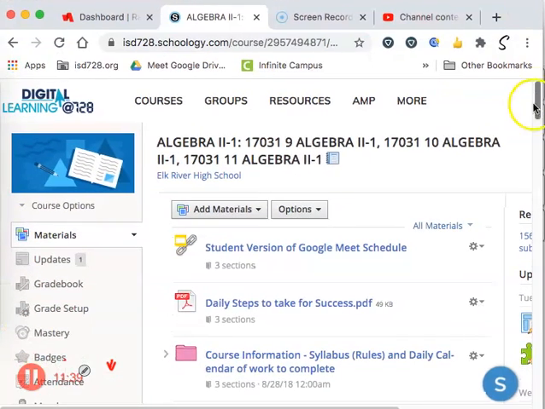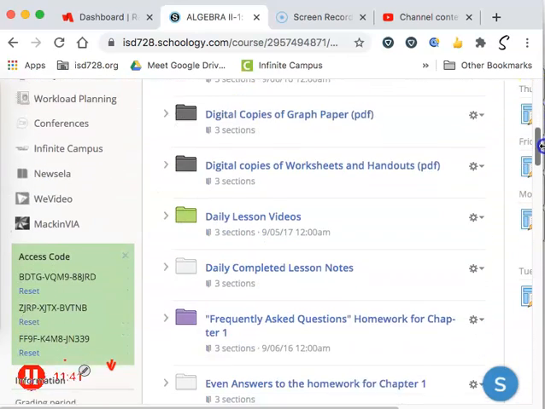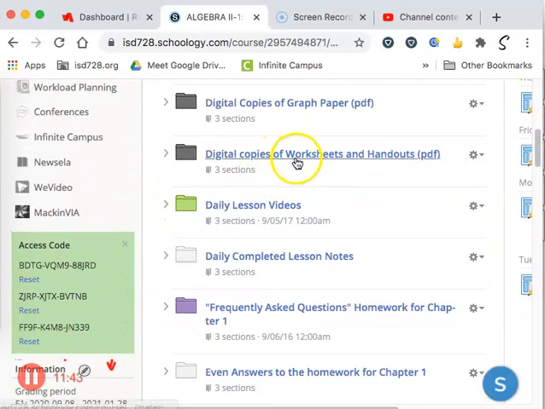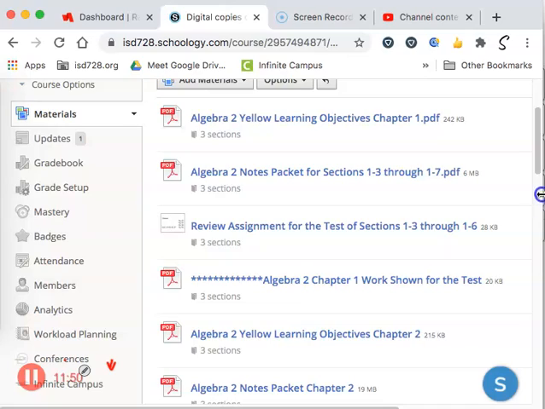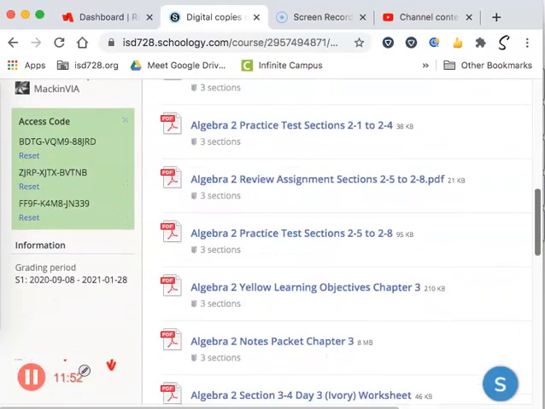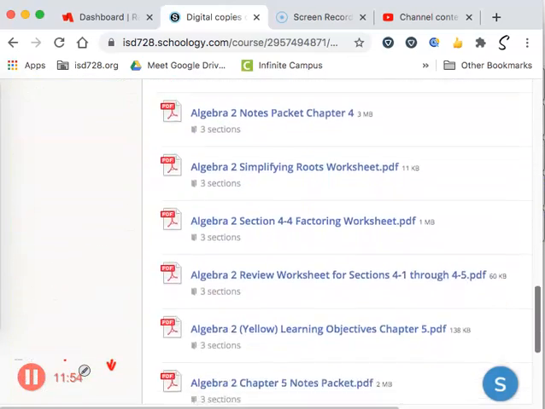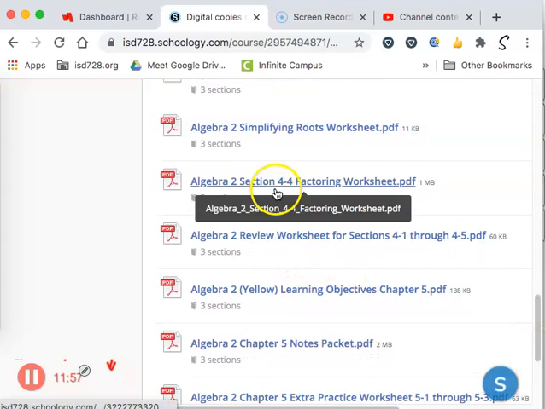So distance learners, it's here on Schoology. It's in this black file that says digital copies of worksheets and handouts. And we'll scroll down until we see something that says 4-4. There it is. Algebra 2, Section 4-4, Factoring Worksheet PDF.